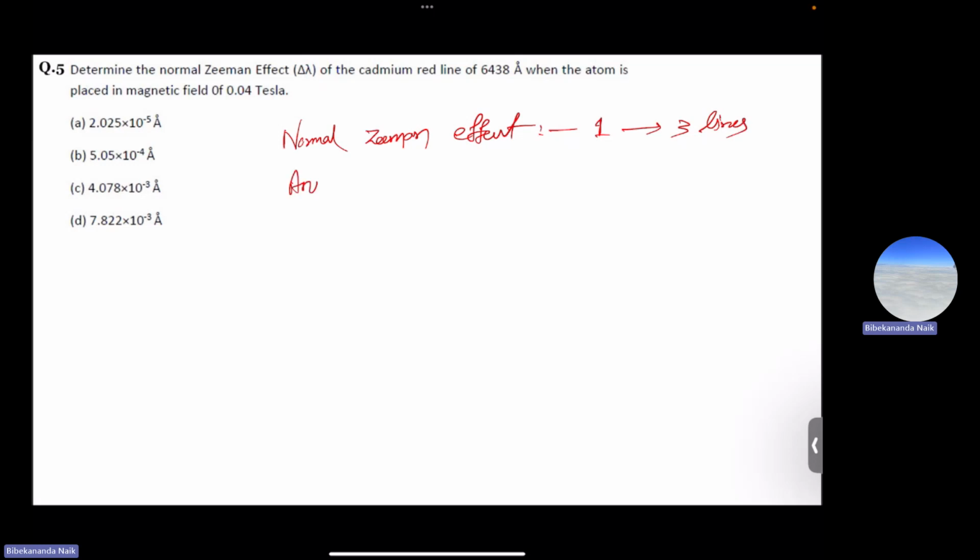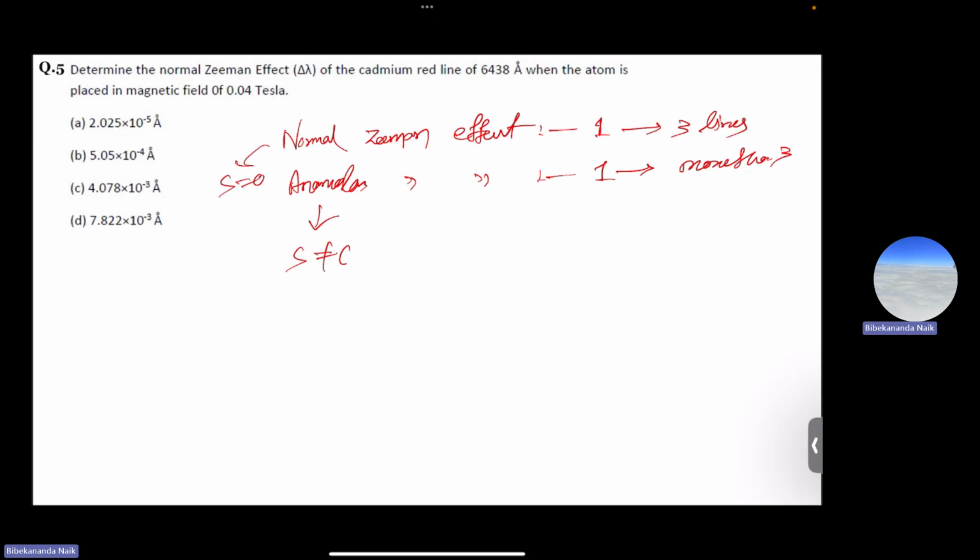But in the anomalous Zeeman effect, a single spectral line is split into more than three lines. Here the spin is not zero; the spin of the electron is considered. As a result, the splitting is into more components.